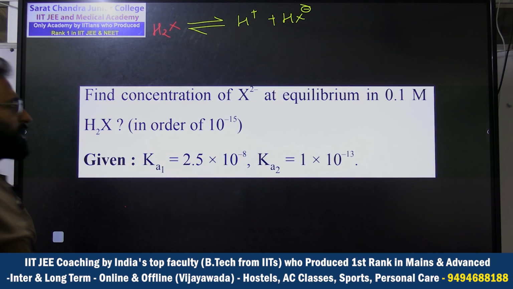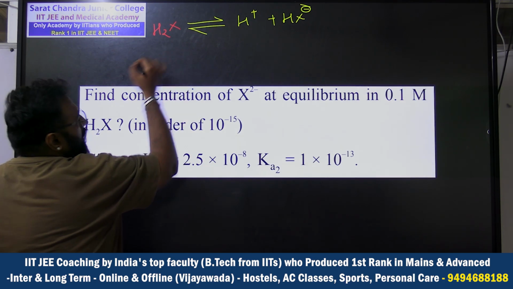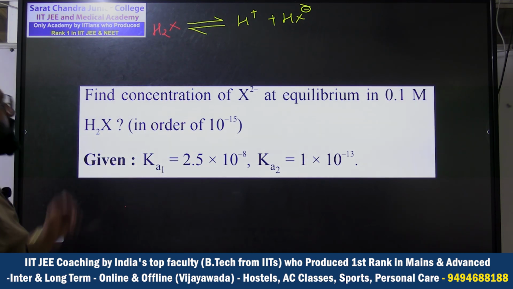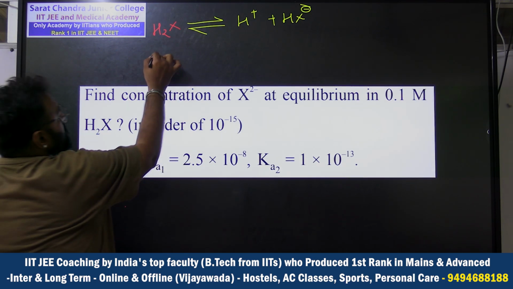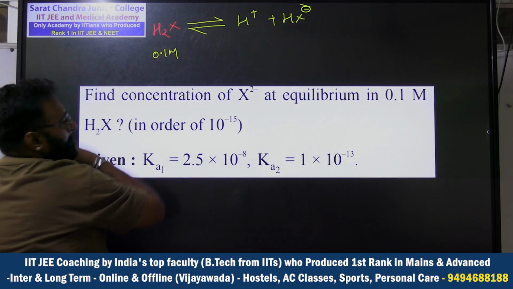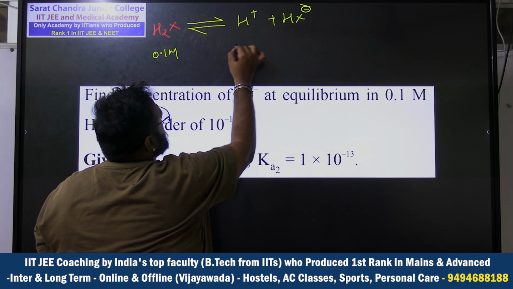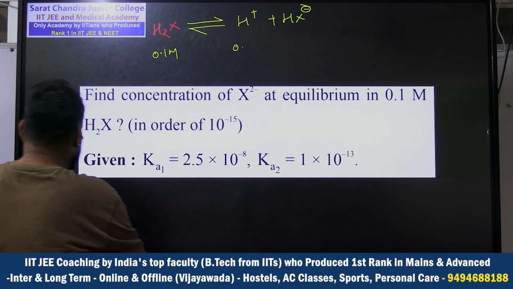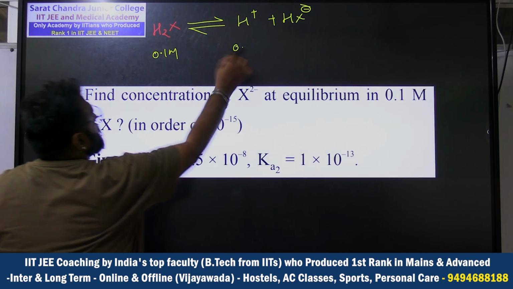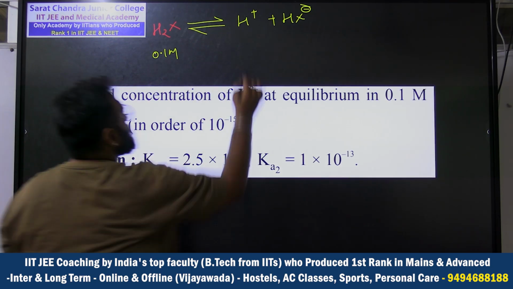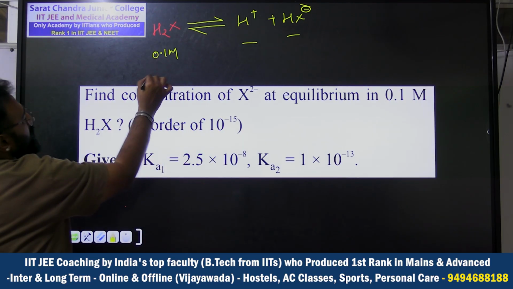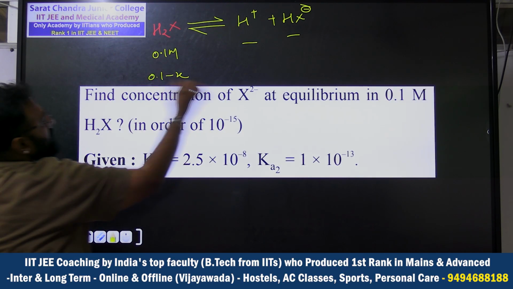This is the equation. Now chalo, what we need to do? The concentration of this is given 0.1 molar. Initially this will be 0, 0, then at equilibrium 0.1 minus x.